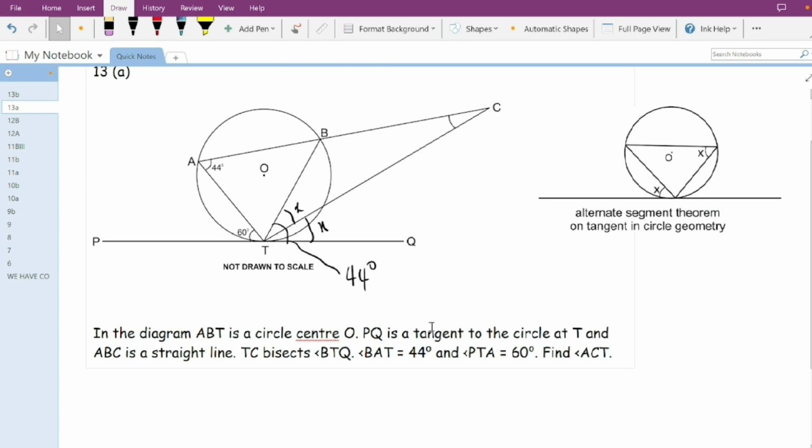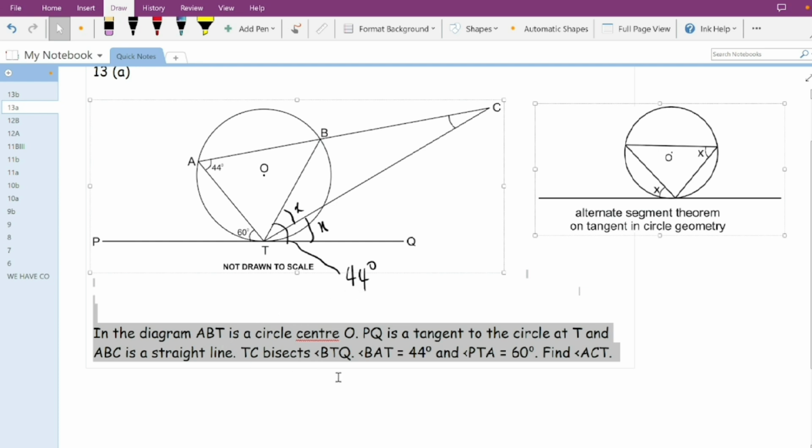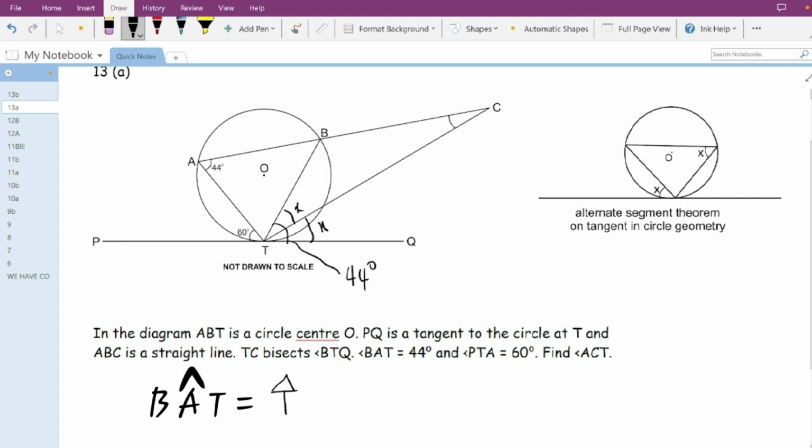We should note that. Now we know this angle is 44 degrees, but we have to represent it so we can get our marks. So we have it as angle T in the middle to B and to Q. You can see BQ is 44 degrees. That's the alternate segment theorem on tangent.